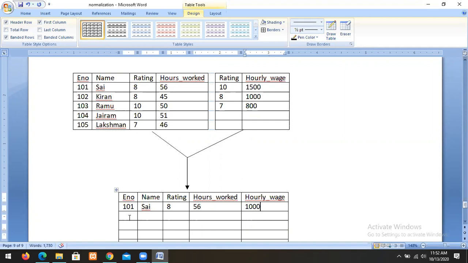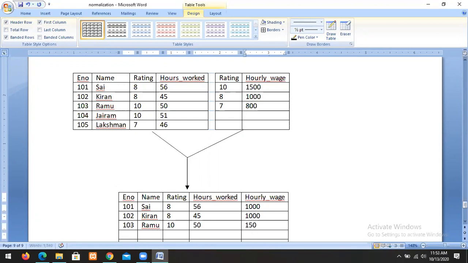Again, the second one, 102, Kiran. The rating is 8. Number of hours 45. The column value of rating in the first table is equal to the column value of rating in the second table. Yes, so the wage is 1000. Again, we have 103, Mr. Ramu. Rating is 10. Hours worked 50.